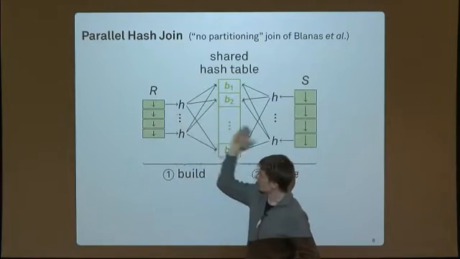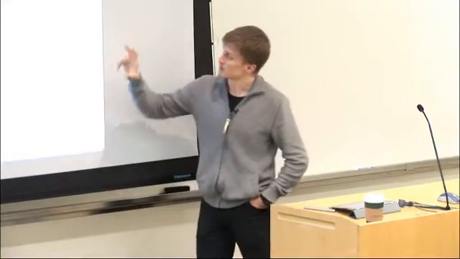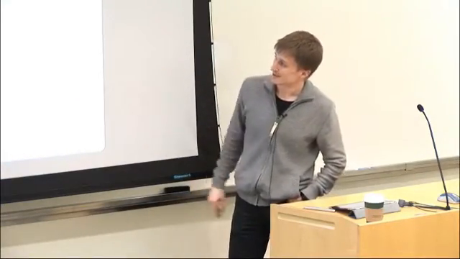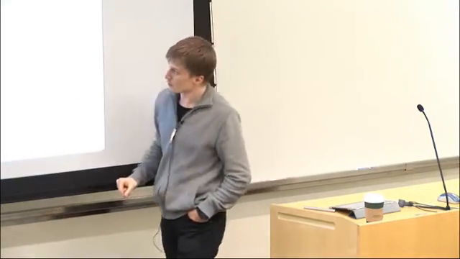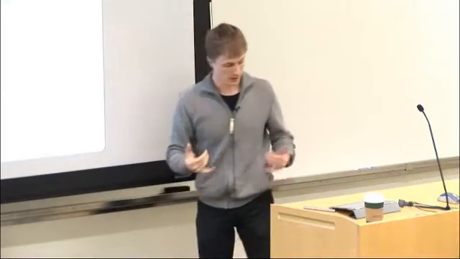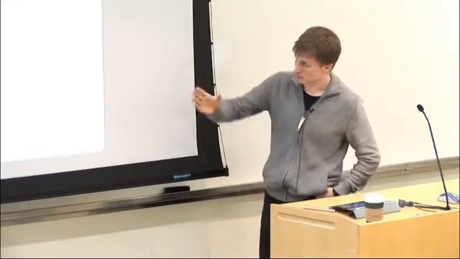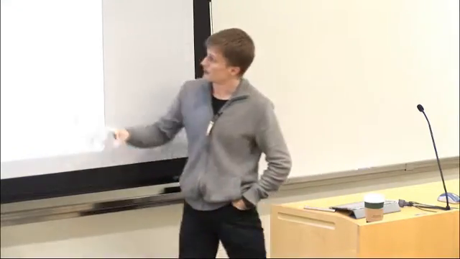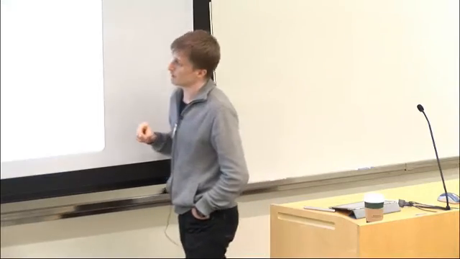You just chunk up both input relations into partitions that you assign to individual cores, and then you can do the hash table build and the probe in parallel, of course still one after the other, but you can use all your cores to do a joint build and a joint probe. This, in principle, works very well.